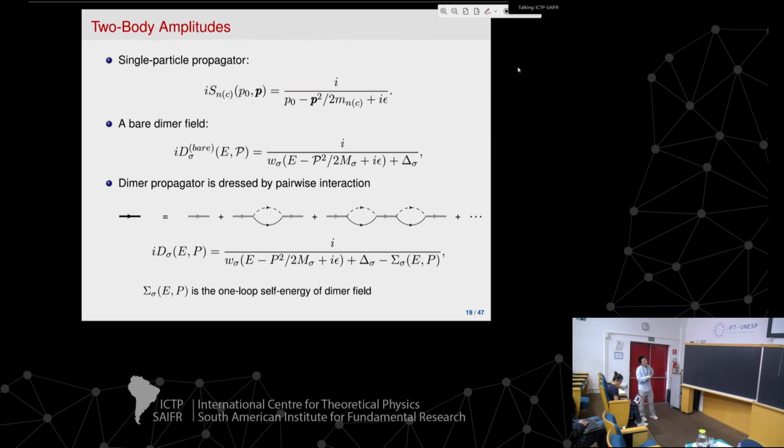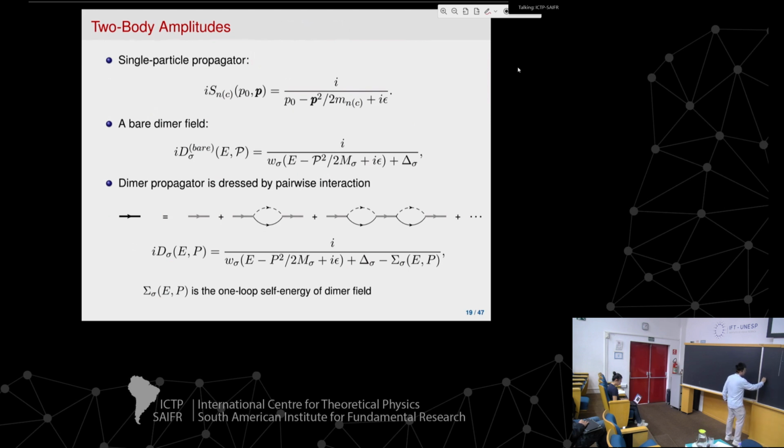So first you have the bare dimer, then you have this neutron-core one-loop self energy, and it can be repeated at many different orders.